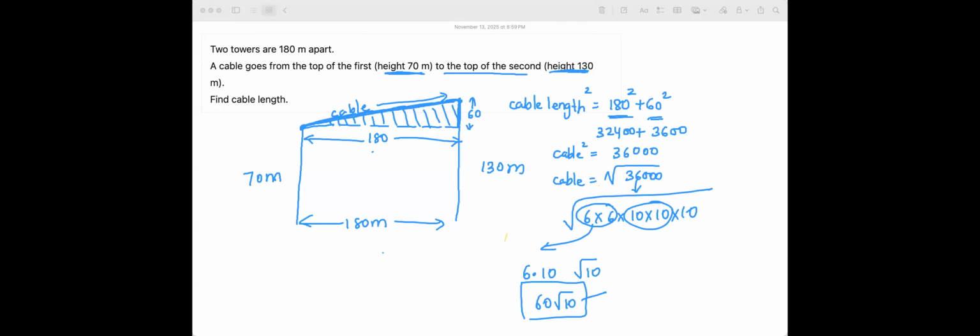Go ahead. Oh, I made an addition mistake. Oh no, mine was off by multiplication. I did something wrong. Viraj, where was your mistake? You had 180, right? Yeah.